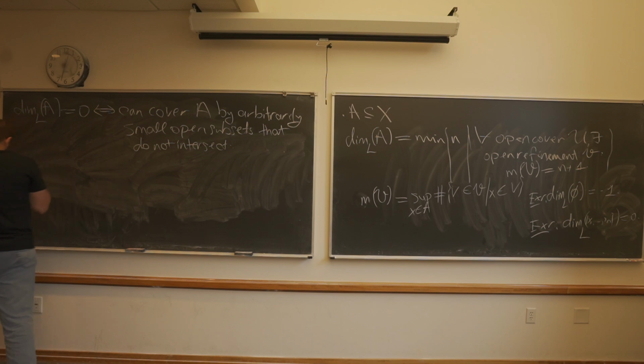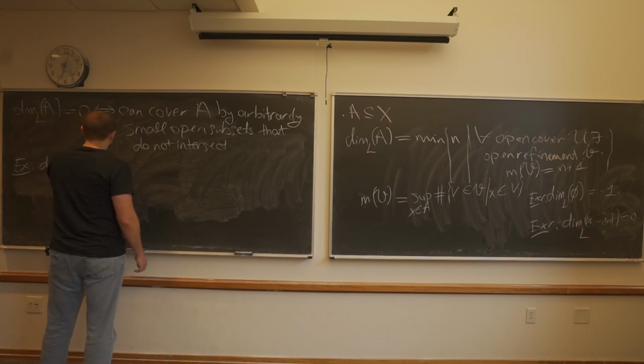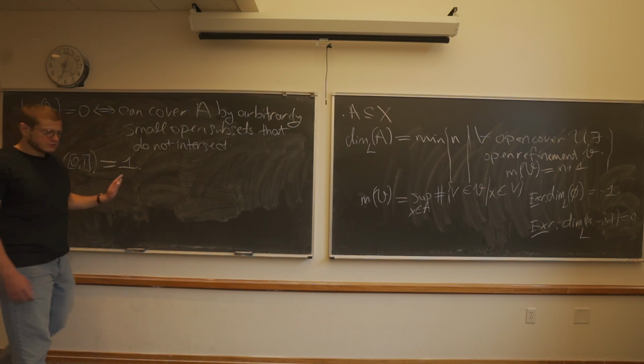Okay? And so here's a better argument as to why the interval has Lebesgue dimension 1. I discussed this last week, but I don't think I did a good job. So I claim this. First of all, what does this mean?